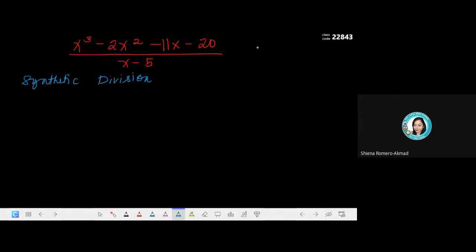Una, ang kailangan nyo pong i-check is yung terms. You have to make sure that the terms are complete. Pangalawa, you have to check the arrangement. Check kung nakaayos ba siya in decreasing order or in descending.